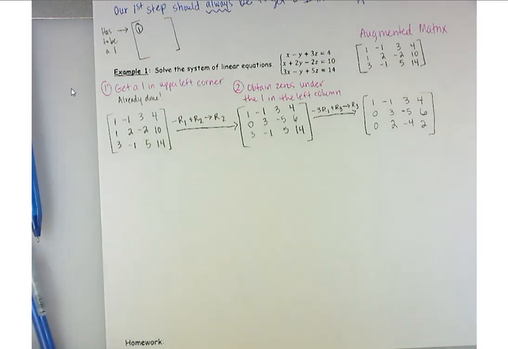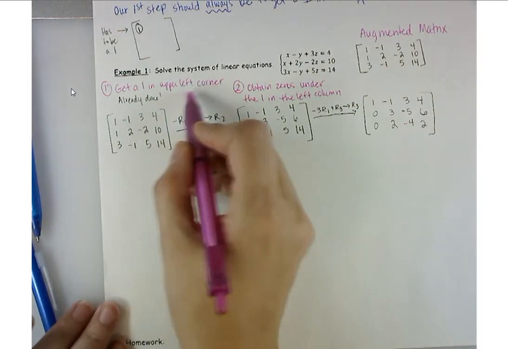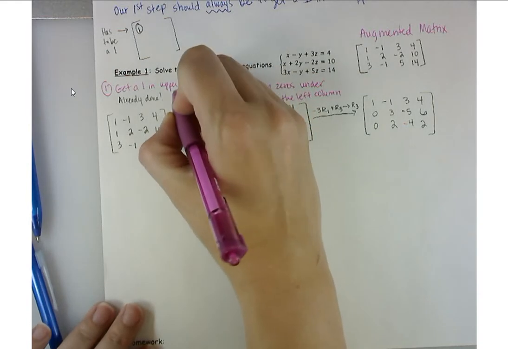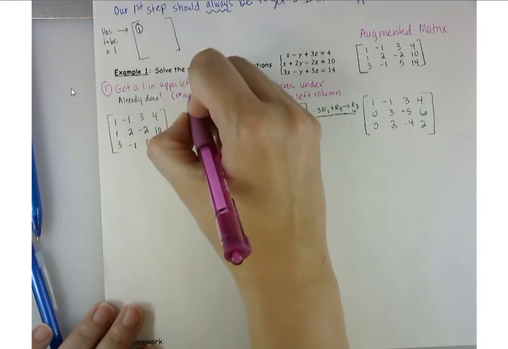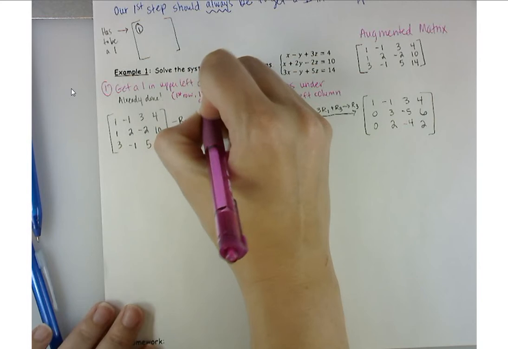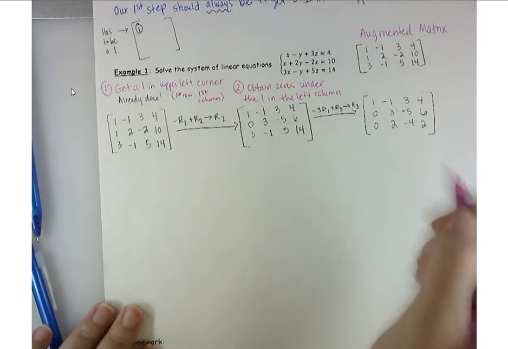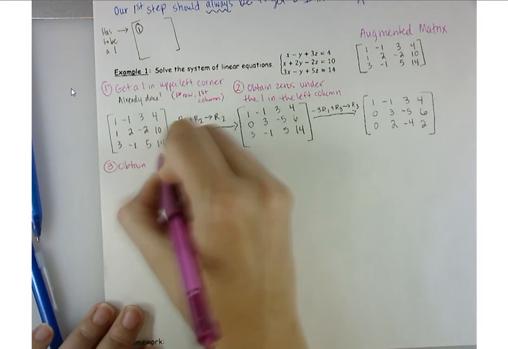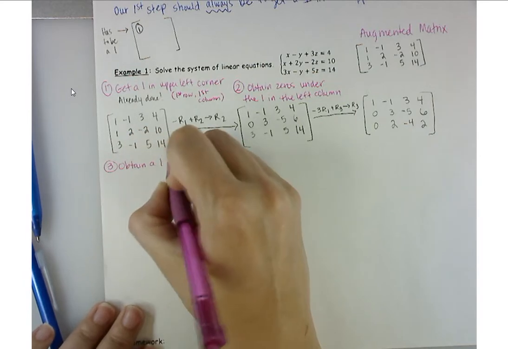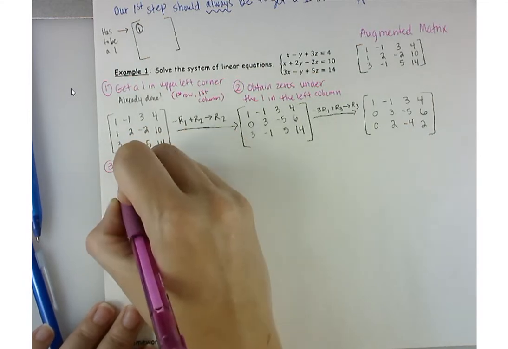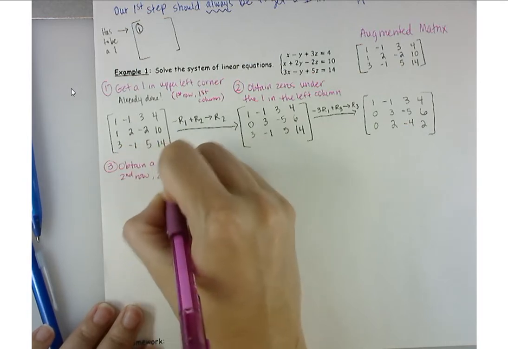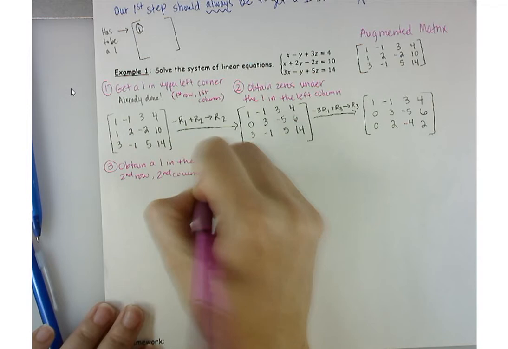Now what we're going to do is obtain a 1. In the upper left-hand corner is the first row and the first column. Now what we're going to do is obtain a 1 in the second row and the second column.